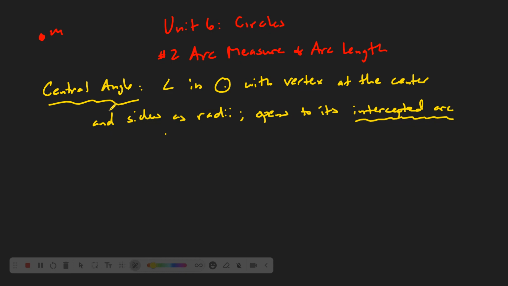So a central angle is an angle in a circle with vertex at the center and sides as radii, and it opens to its intercepted arc.